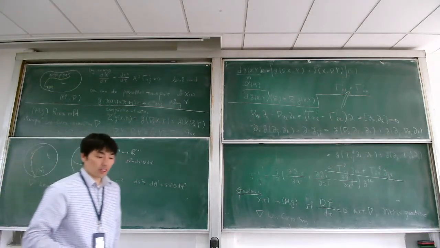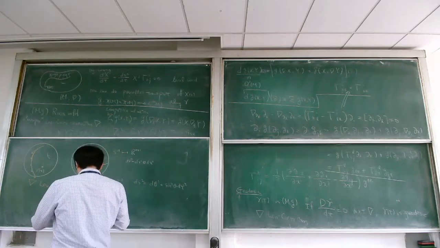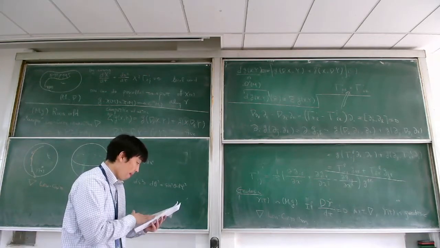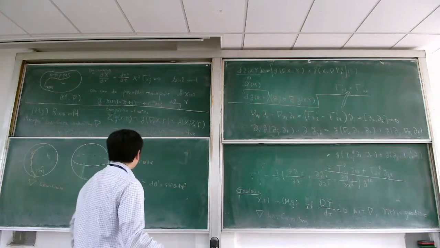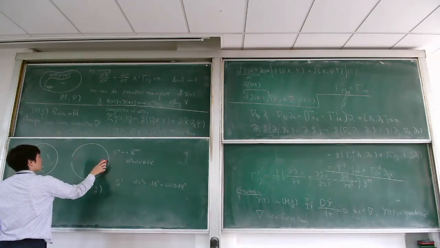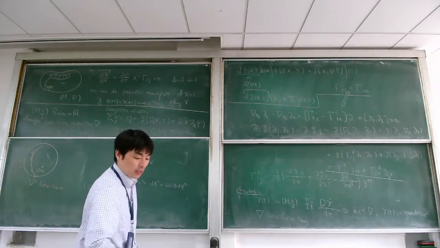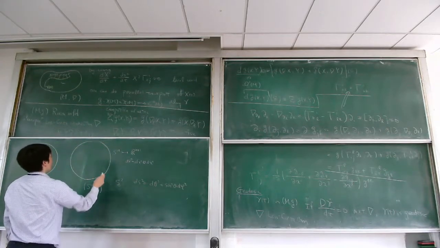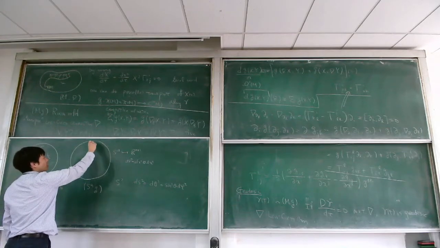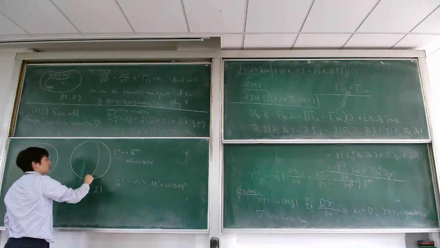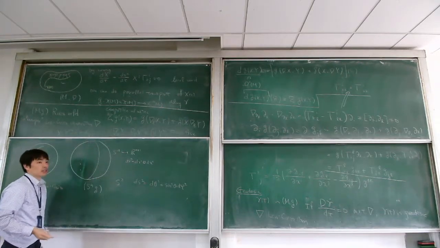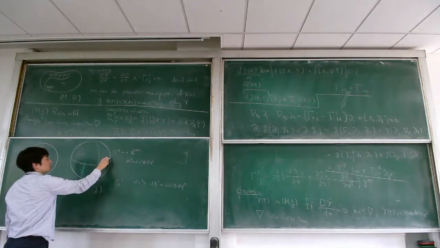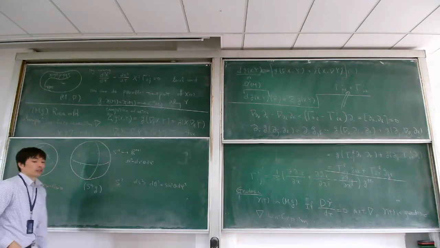With respect to this metric, for instance, a geodesic is, let me write it a bit more clearly. Anyway, if you have given two points, the geodesic is, for instance, a great circle.